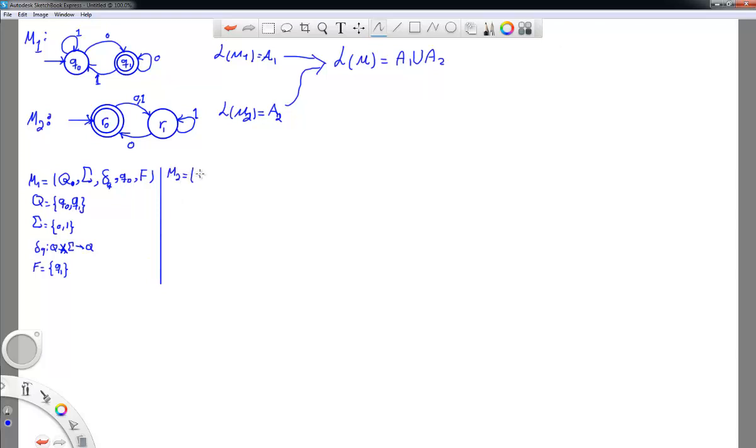So M sub 2 is a 5-tuple from set R, set sigma, delta sub R, R sub 0, and F sub R. Let's call this F sub R, to be precise. And then my set R is going to be the set of R sub 0 and R sub 1.